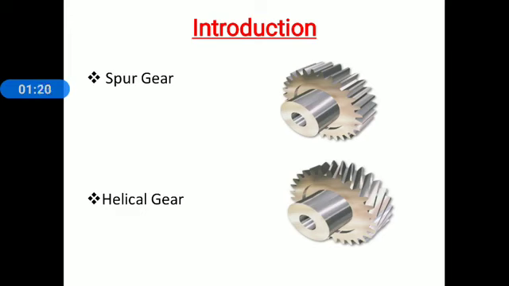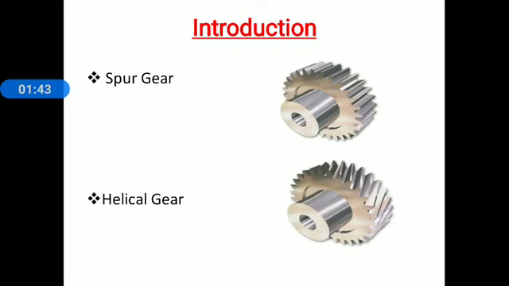In case of a spur gear, the contact between the meshing teeth occurs along the entire face width of the tooth, resulting in sudden application of load, which in turn results in impact condition and generates noise in high-speed applications.